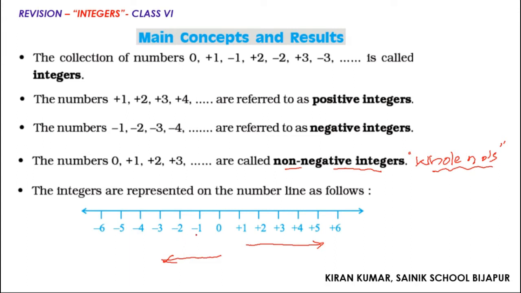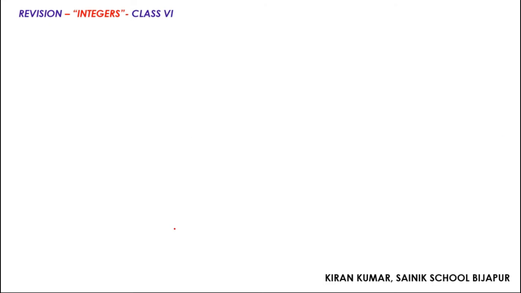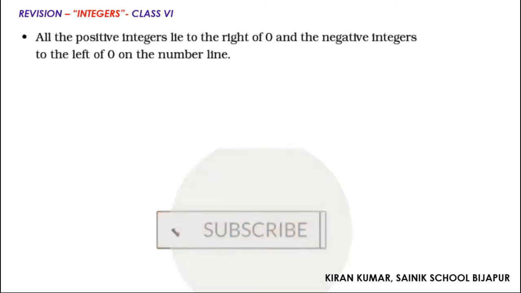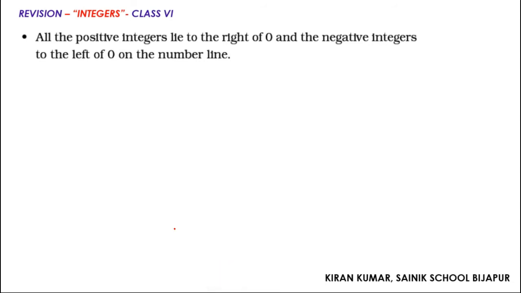Negative 2 is less compared to negative 1. Negative 4 is less compared to negative 3 and so on. All the positive integers lie to the right of 0 and the negative integers lie to the left of 0 on the number line.